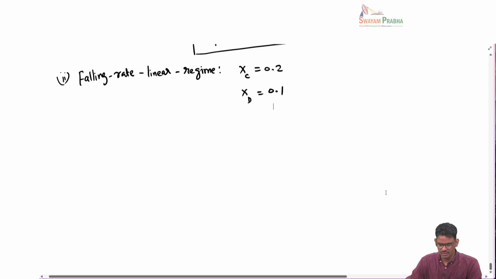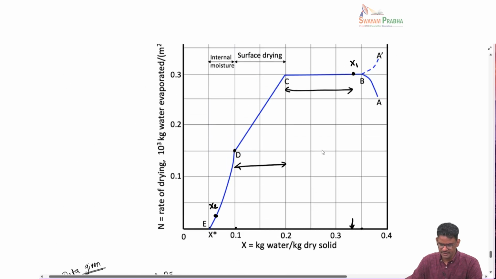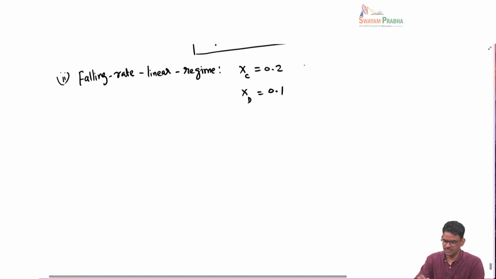We can also correspondingly read the values of N1 and N2 at these points. This is 0.15, this is 0.3. Corresponding to this, we have NC of 0.3 into 10 power minus 3. Corresponding to this, we have ND of 0.15 into 10 power minus 3.